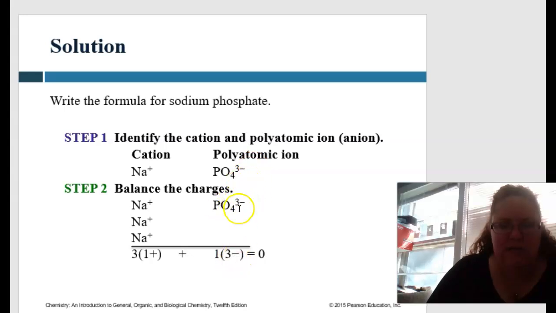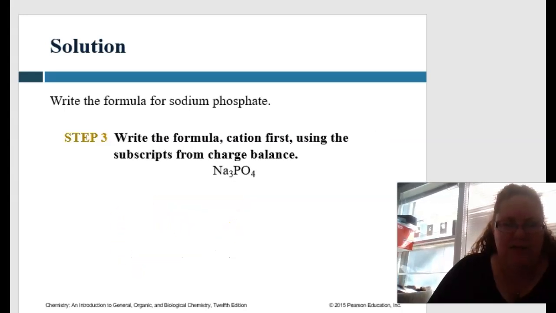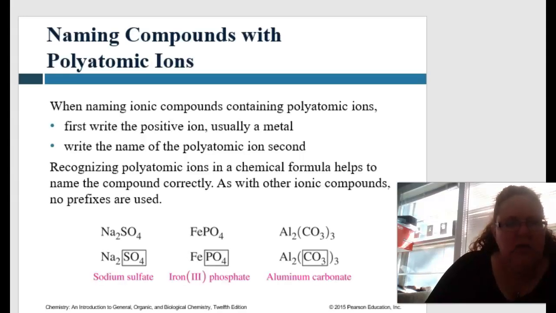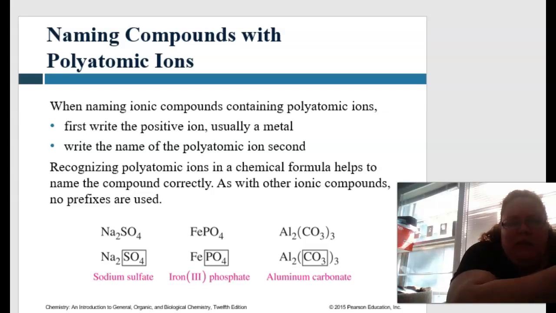Since this has a -3 charge, we're going to need 3 of the sodiums to equalize it out. So that ends up being Na3PO4. Again, what we're looking for is an equalized compound.